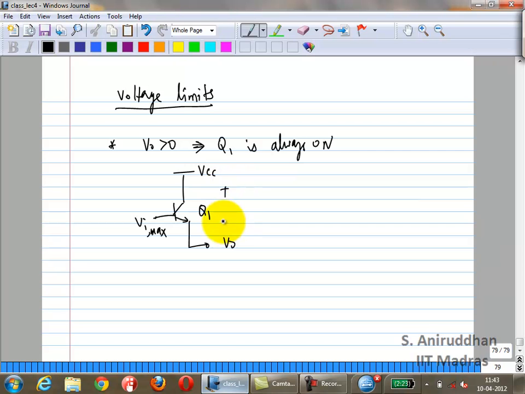Okay, so I just call it VSAT. So the minimum voltage that bipolar transistor can sustain across it and still be linear, we'll call it VSAT. Right? It could typically be 0.2 volts, somewhere around 0.2 volts.